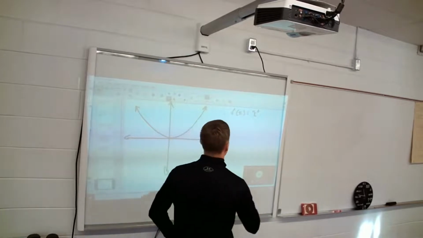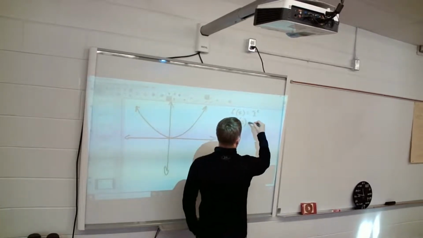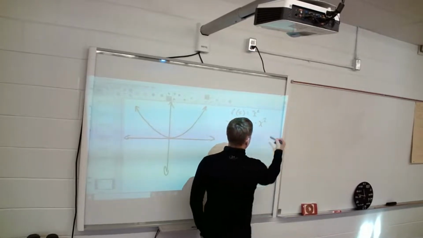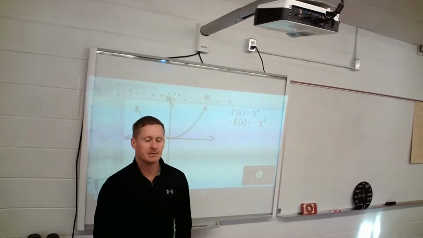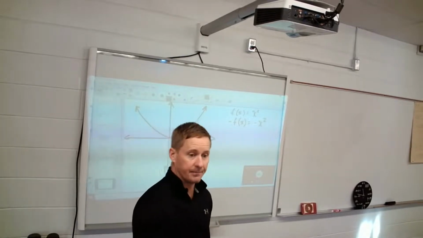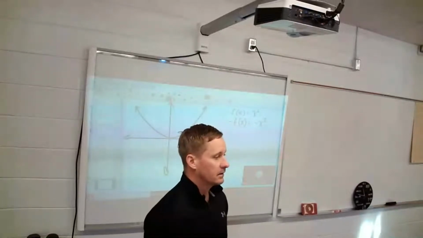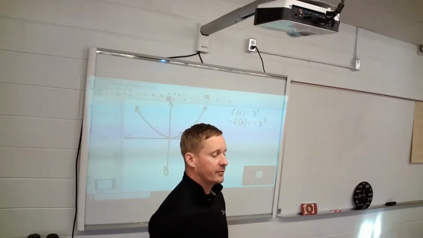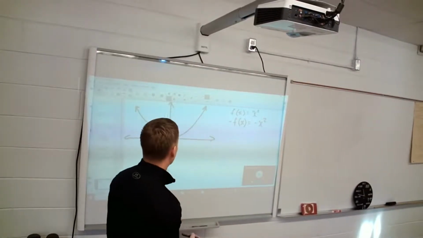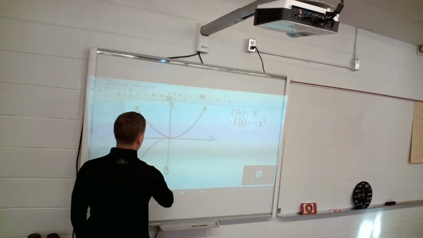What happens when I put a negative in front of it? What happens to my graph? Yep. That's it. It's that simple, right? What did we learn in grade 10 or 11? What happens when we put a negative in front of the x squared? It goes down.